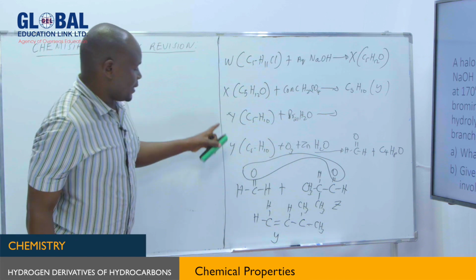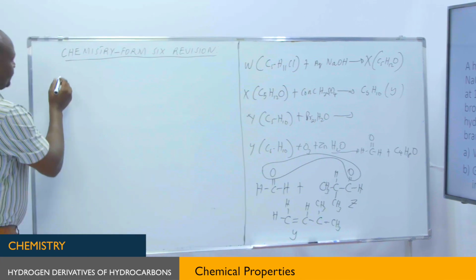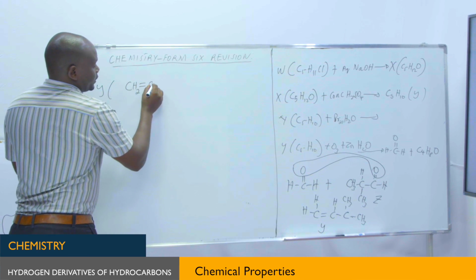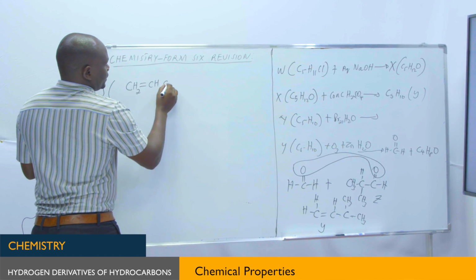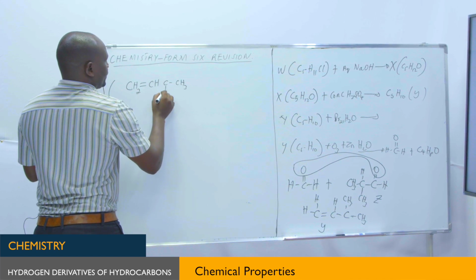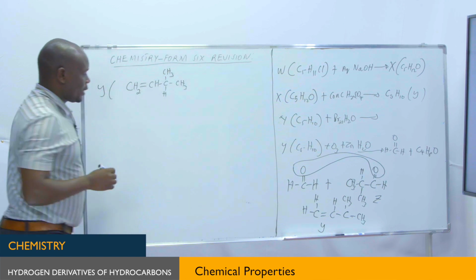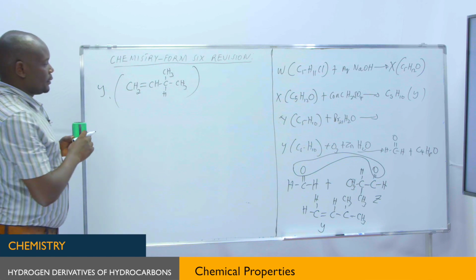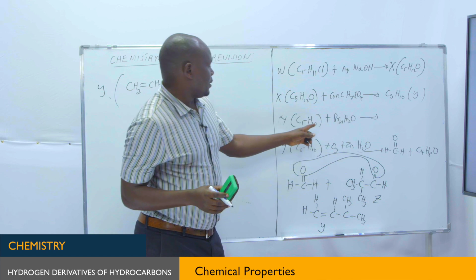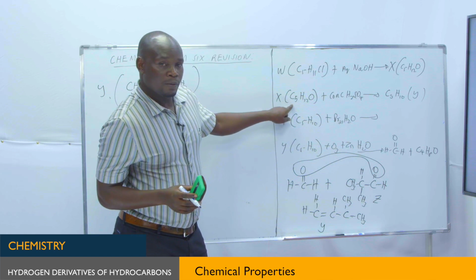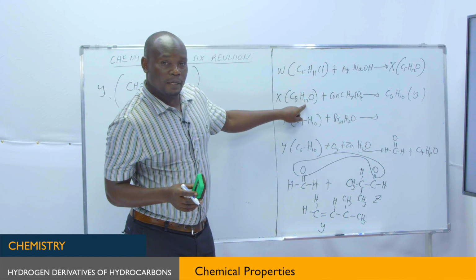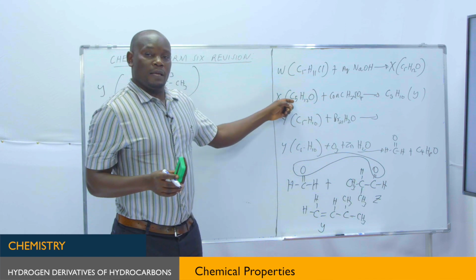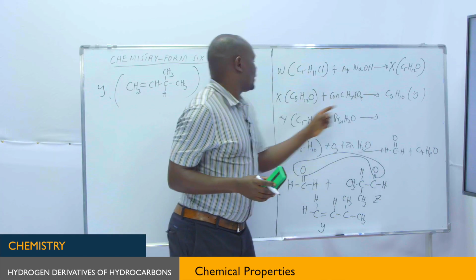Now from there, if we go back, we have Y with this structure: CH2 double bond CH, then CH3, hydrogen, CH3. So this is Y. Now this Y, by backward reaction, came from an alcohol with 5 carbon atoms and 11 hydrogen atoms. This might be a primary alcohol because of the product obtained here.